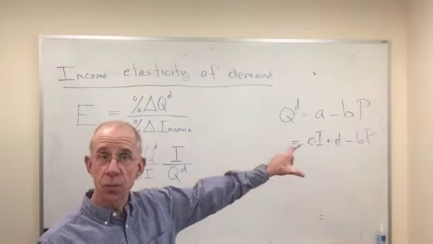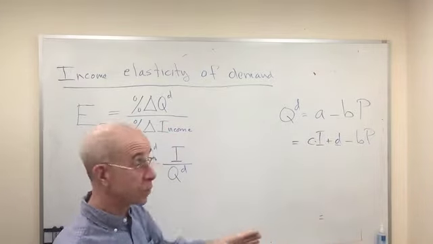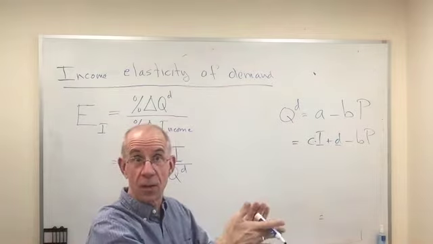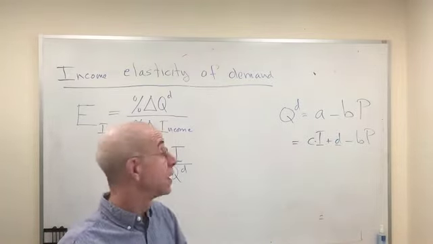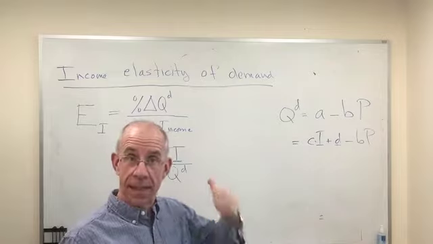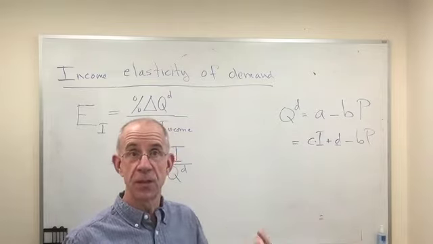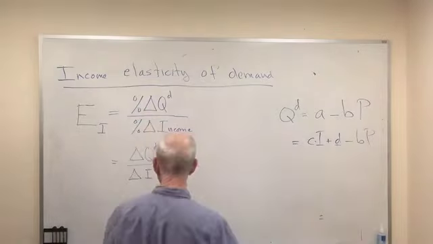Even though we don't usually write that in a demand curve because we're graphing it with price on one axis and quantity on the other, implicitly income is very much part of the decision of how much to buy of something.